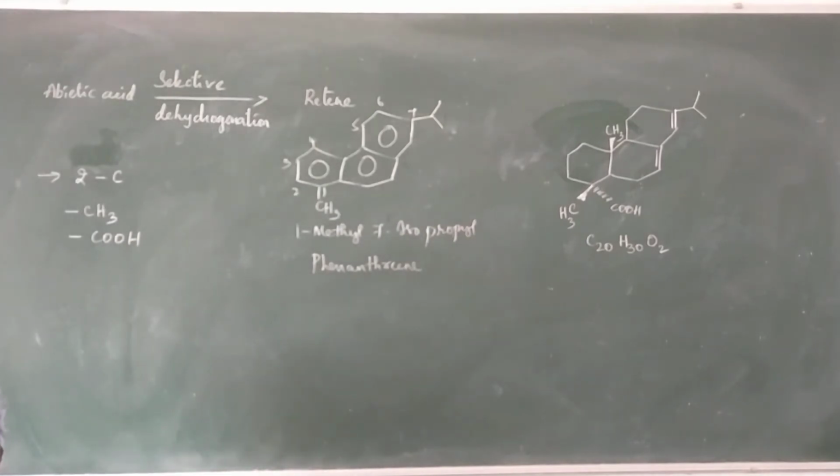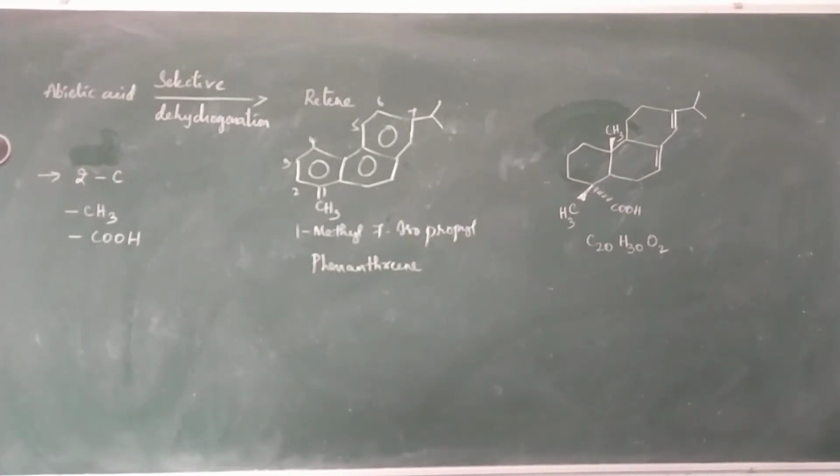That is the only 2 carbon atoms difference between retene and abietic acid. So first we have to know the preparation method involved in retene, which is very useful to us for studying the abietic acid structure.